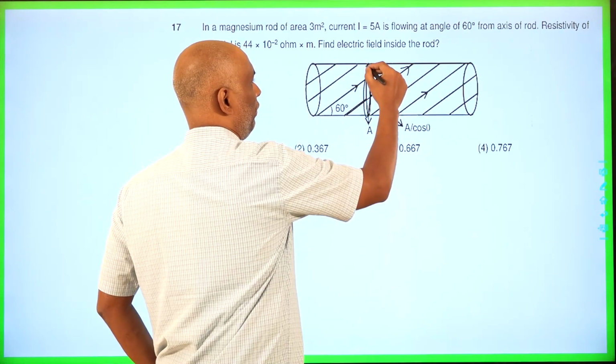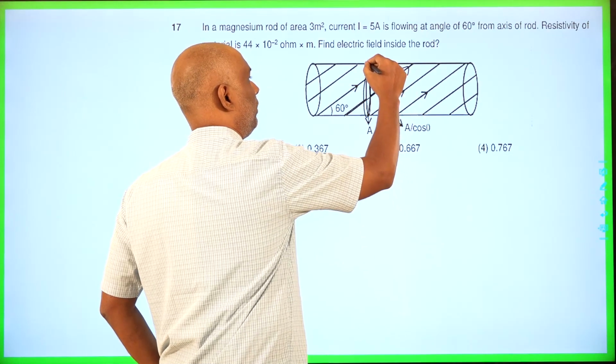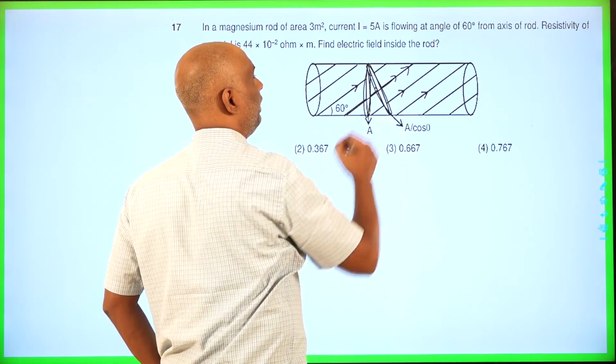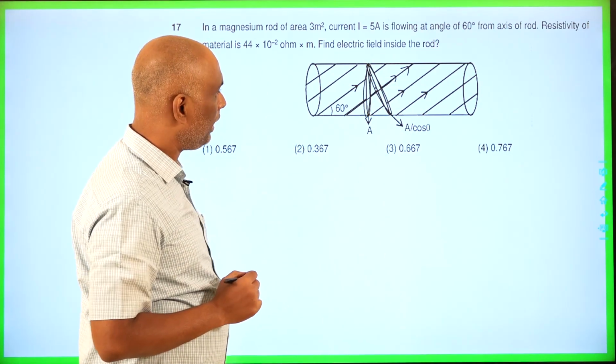If I consider an area which is normal to this direction, I can calculate the current density. How do you calculate the current density?